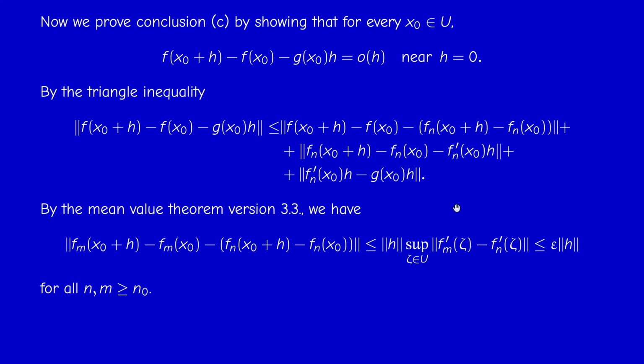Okay, so this is just the uniform Cauchy condition. So there's nothing new here. We already used this idea before. So the first term is actually less than epsilon times norm of h. This is the first term.